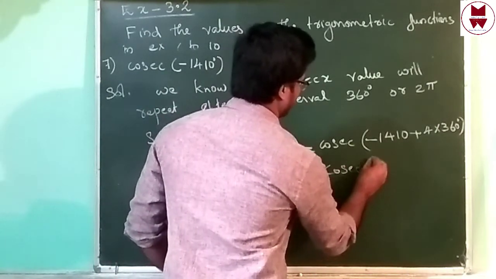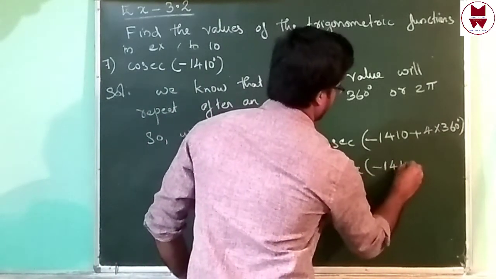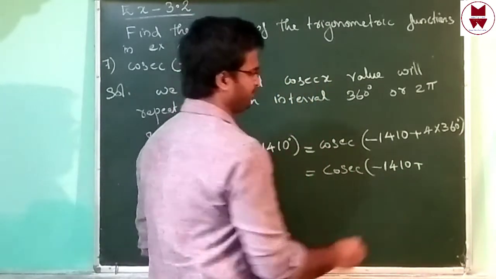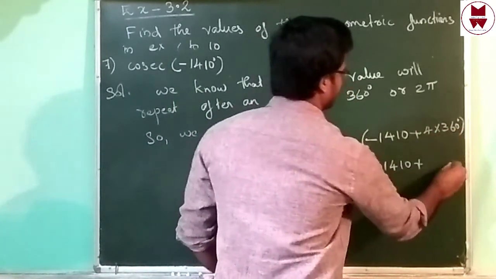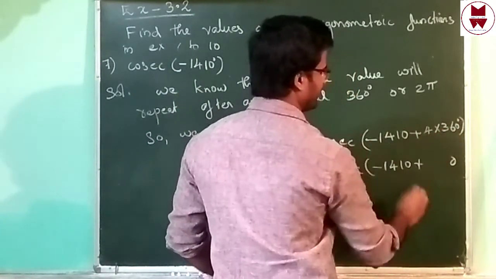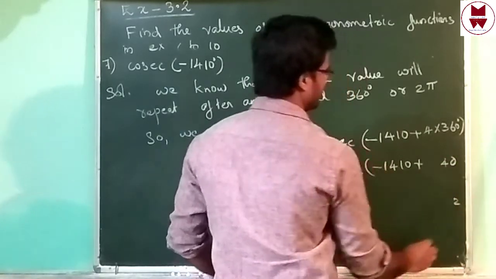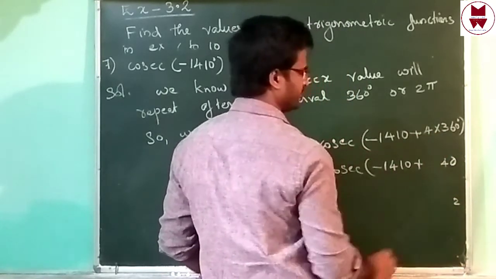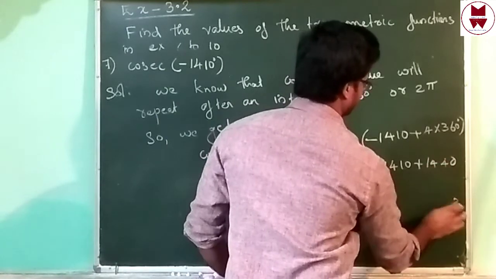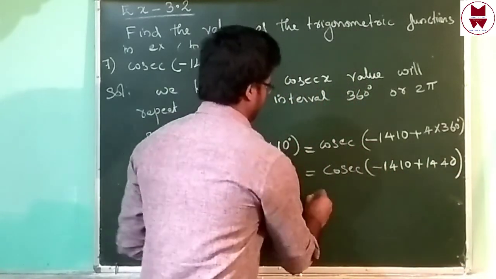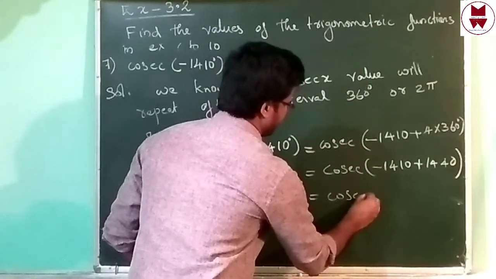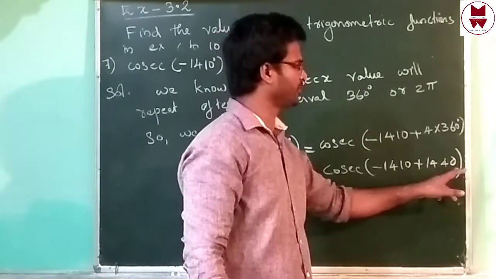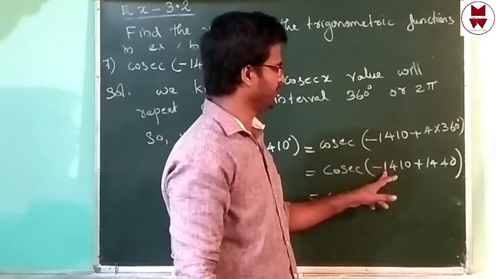Cosec plus multiple 4 into 360, 4 into 6, 24, remainder 2, then 4 into 3, 12 plus 2, equal to cosec, then 1440 minus 1410.